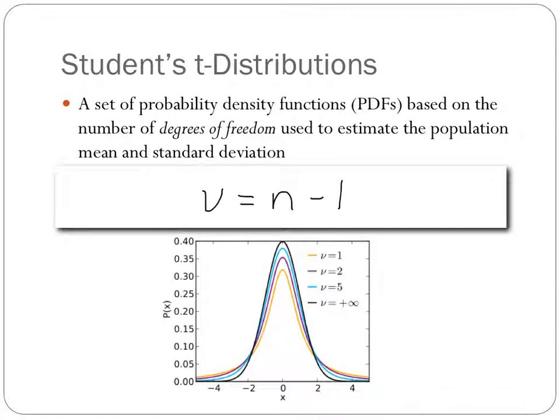If we take an infinite number of samples of our population, the student's t-distribution for a large number of degrees of freedom is going to be identical to the Gaussian distribution, which is the black line shown here. If we have fewer samples, the student's t-distribution still looks a lot like a Gaussian distribution.